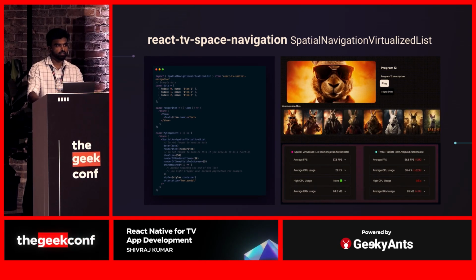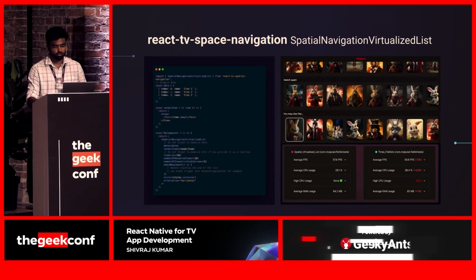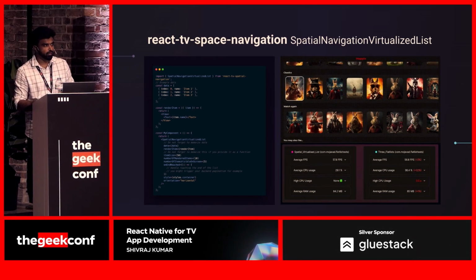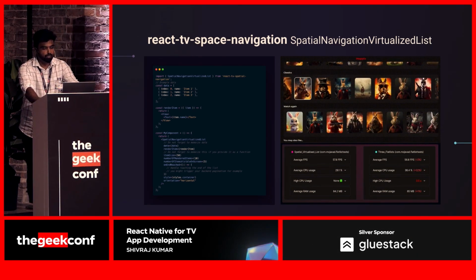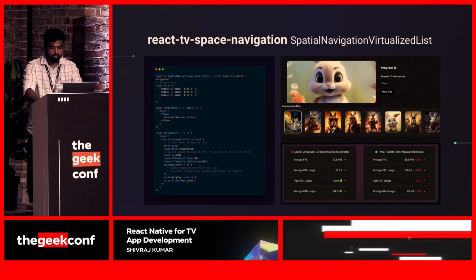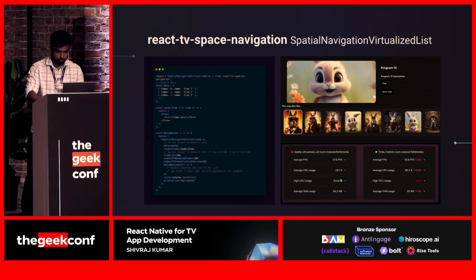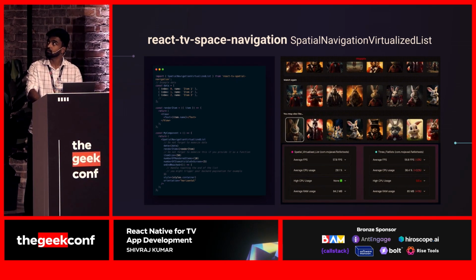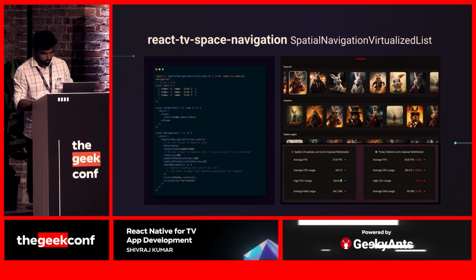Although FlatList is there, which works fine, you all know there could be some limitations when handling large data. So having these APIs which can render large data smoothly can help. And if you see the metrics here, it outperforms FlatList anyway. So that's good to have.